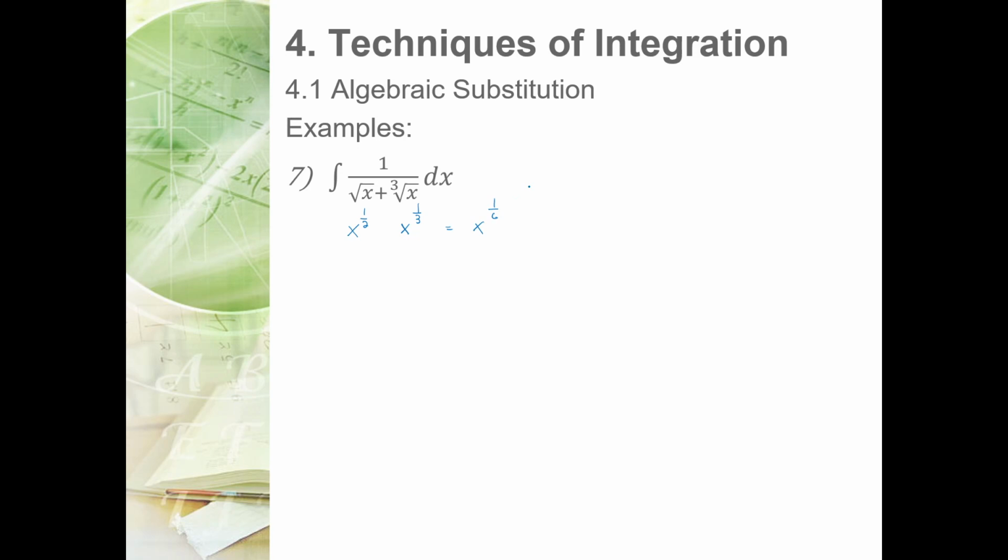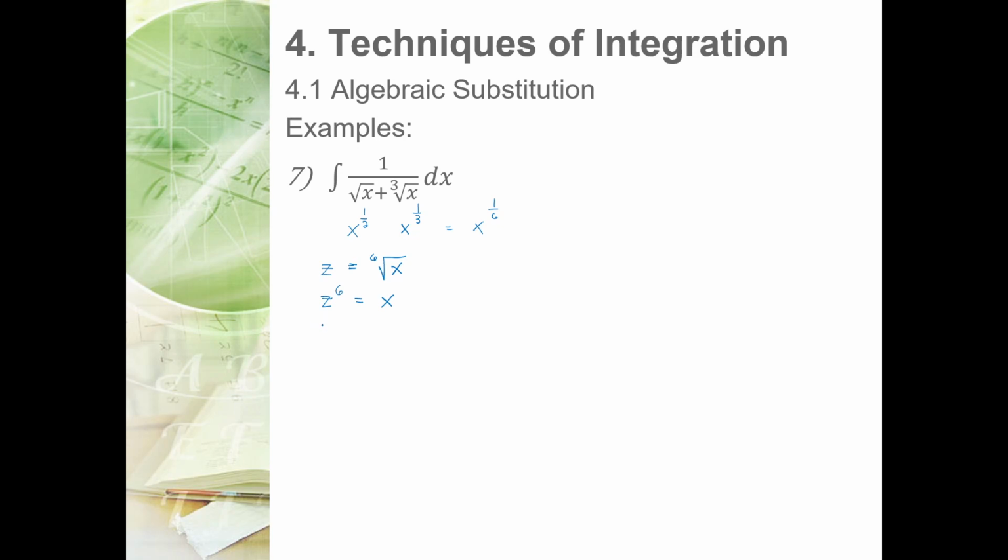So this will be my z function. If I represent my z as the 6th root of x, notice that z to the power of 6 is equal to x, right?